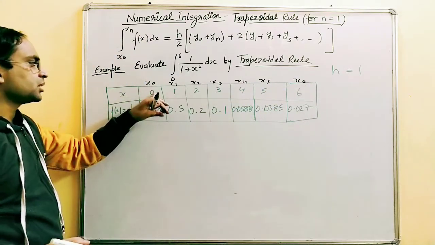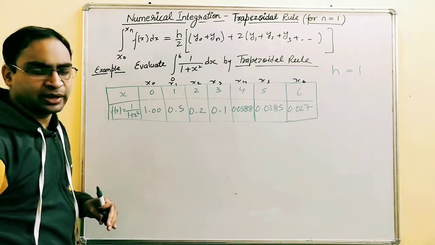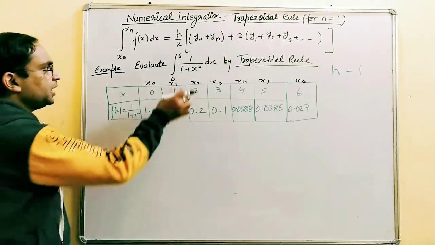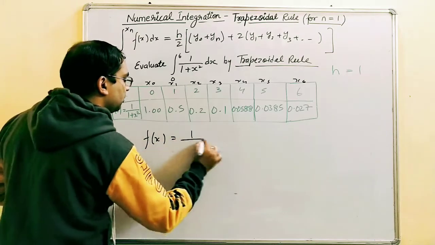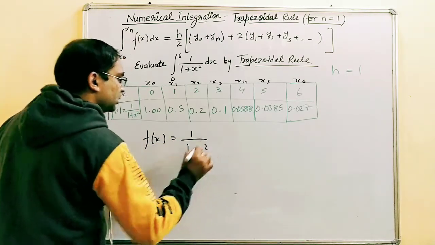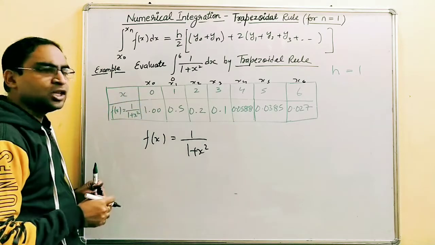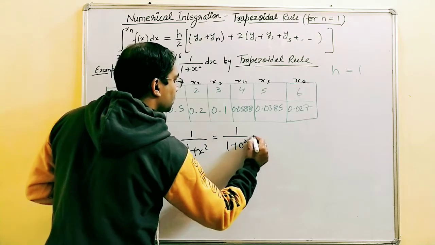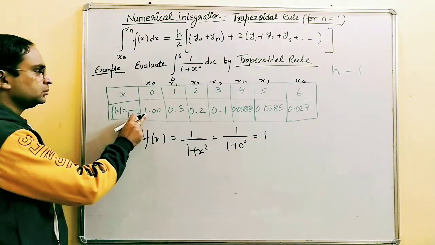For each of these x values, we will find f of x. So how can we get this f of x? What is f of x? F of x here is 1 upon 1 plus x square. So for x0, whenever x is 0, we have 1 upon 1 plus 0 square, which is 1. So this is coming 1.